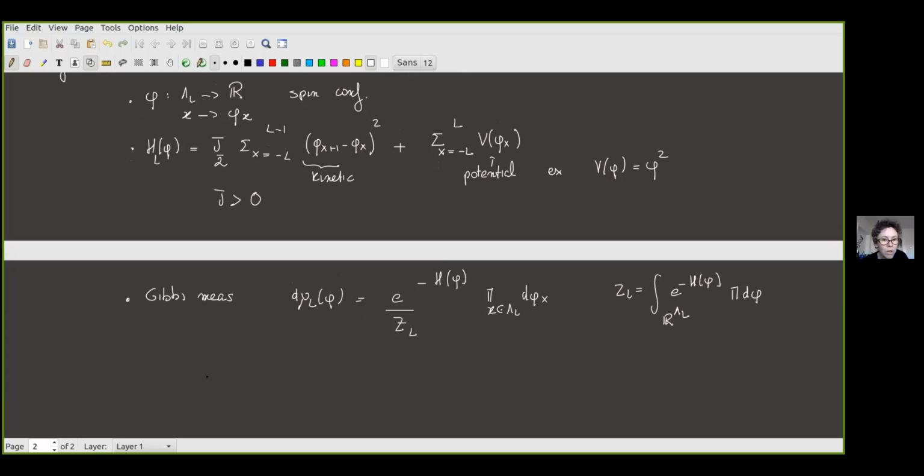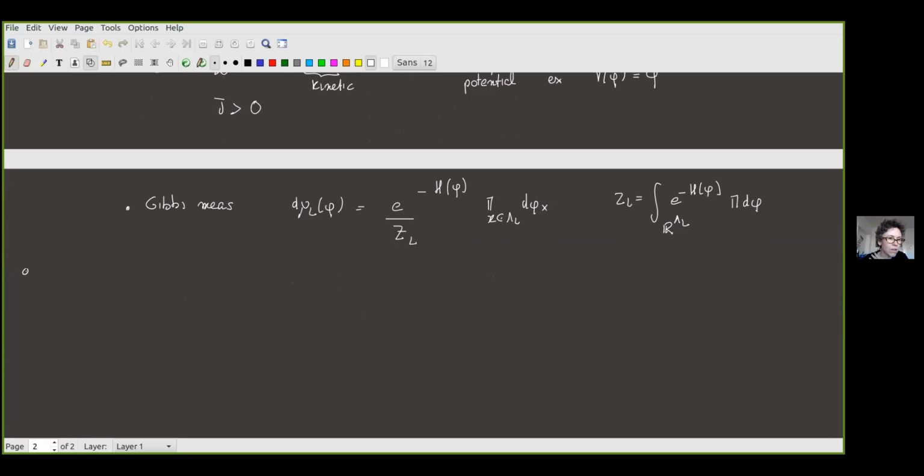And what is the goal now? Well, we want to study the thermodynamic limit of this measure. So the goal is to study the thermodynamic limit of d mu_L. So we want to study the limit L going to infinity.